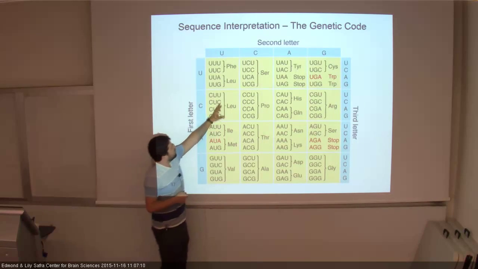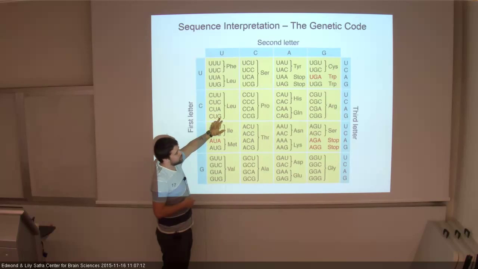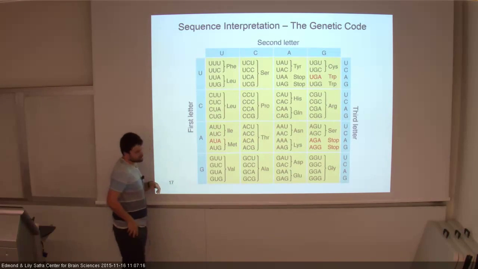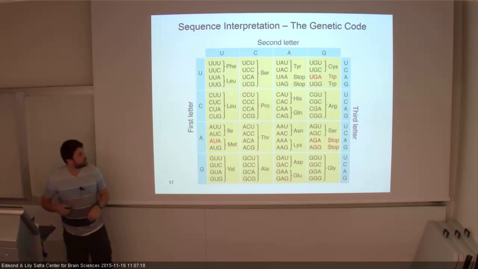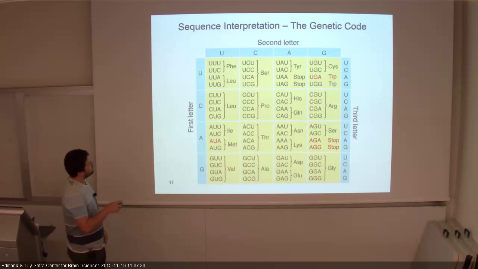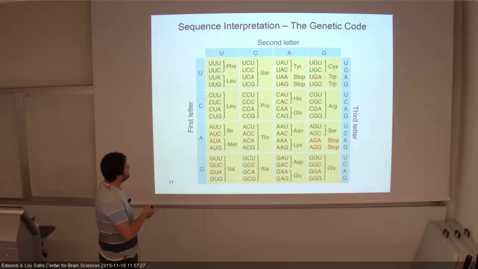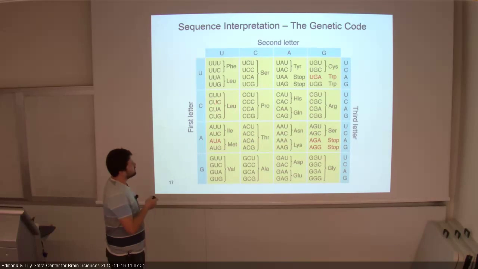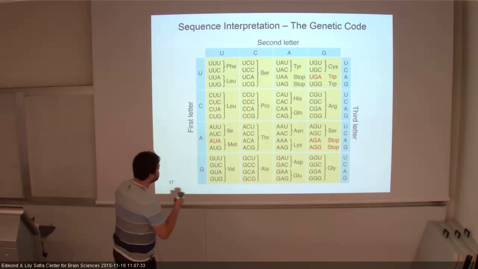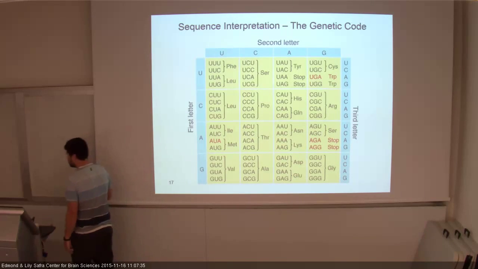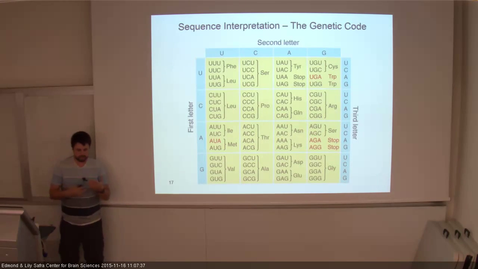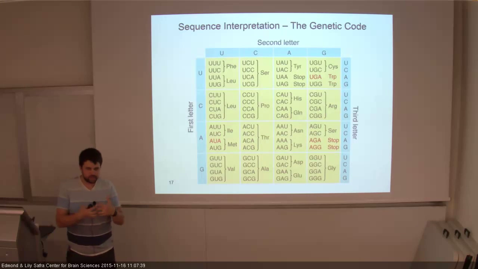So all four options of the third letter are in here, but it's actually for a good reason, because all the codons that start with CU, it doesn't matter which third letter it is, all four possibilities of the third letter translate to leucine. And this is actually a mechanism of redundancy, okay?